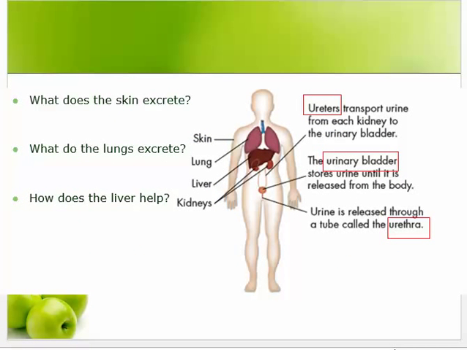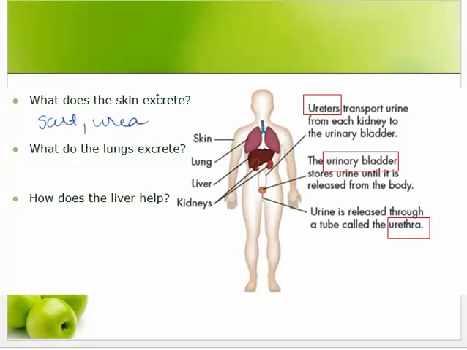So what exactly does the skin excrete? Well, you know that the skin excretes by sweating. So what is actually in that sweat? Well, in the sweat, you have salt, and you have a product called urea.